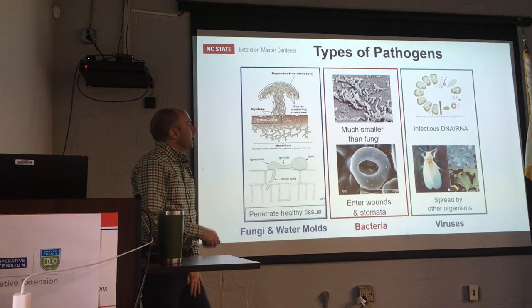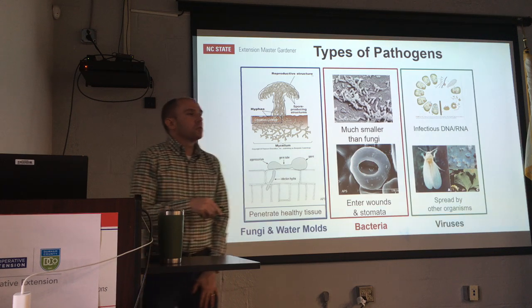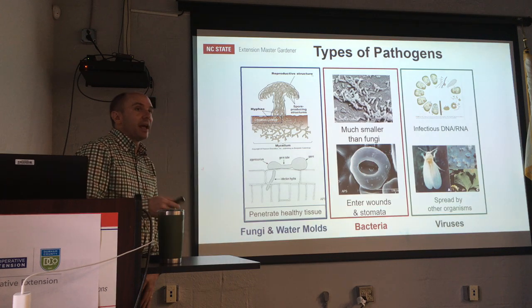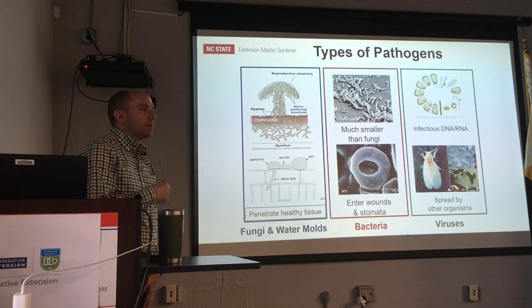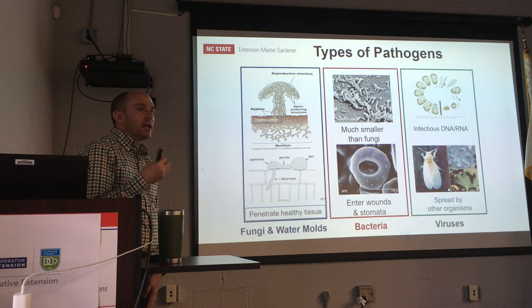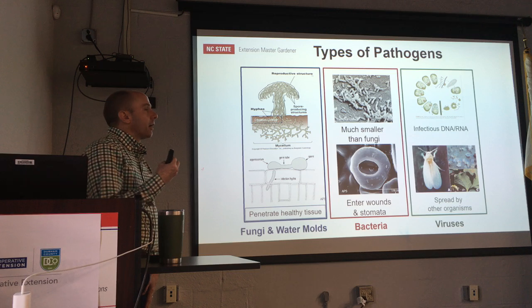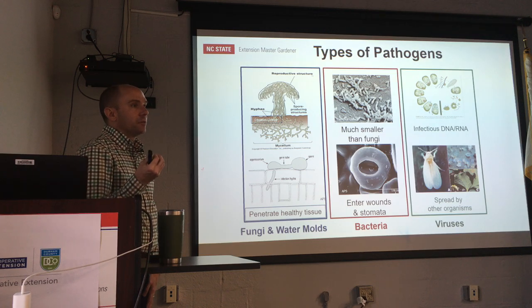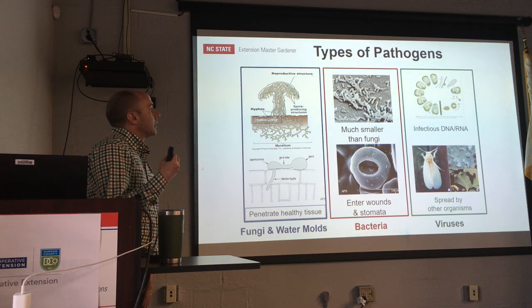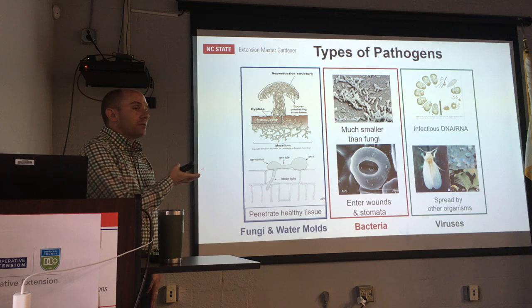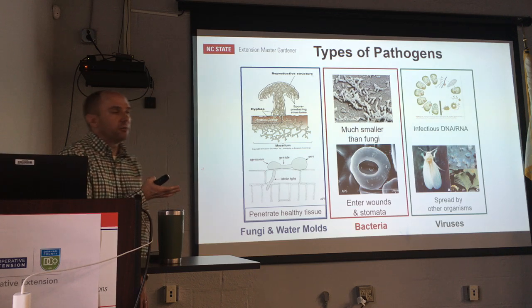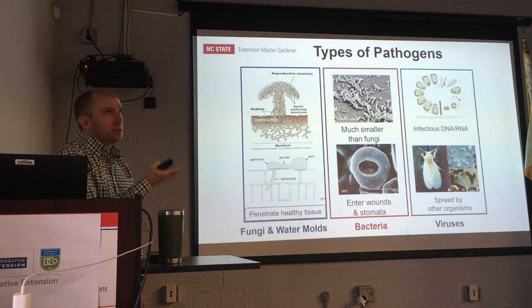So they can enter that way, so you can actually see the bacteria inside the stomata, that's quite a cool image. And then viruses require some sort of vector, so some animal to move them around. Viruses are just particles of DNA or RNA. They are biological but not alive. They're not metabolizing. But an insect, for example, serves as a good vector of most viruses and almost all viruses in plants.